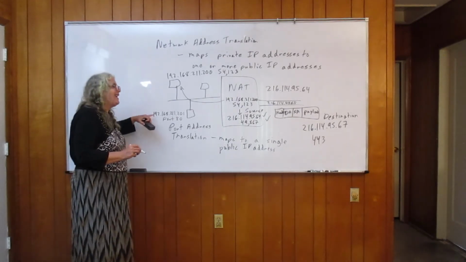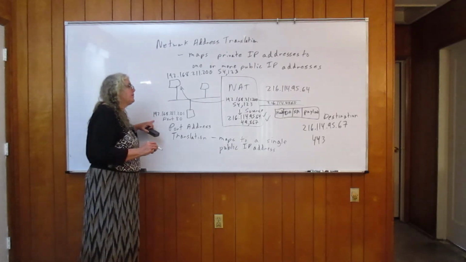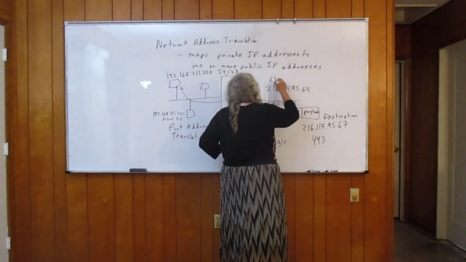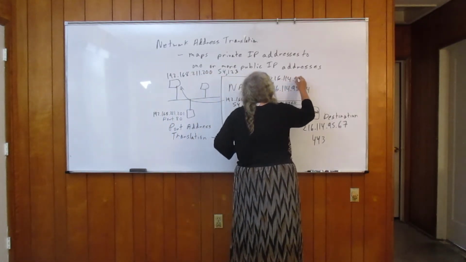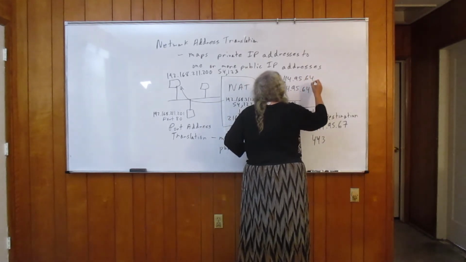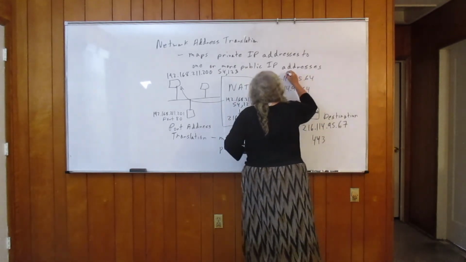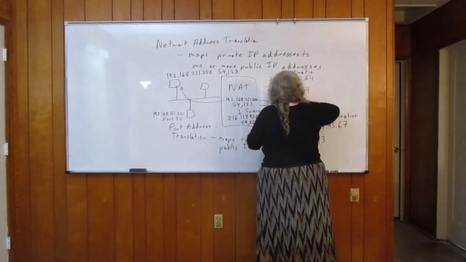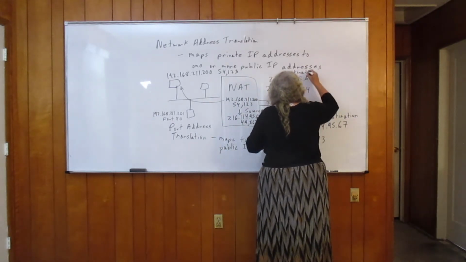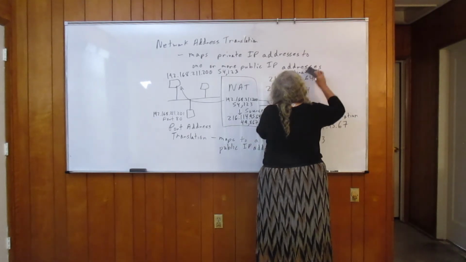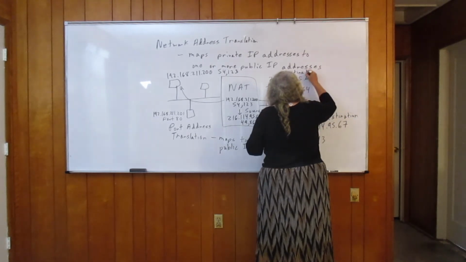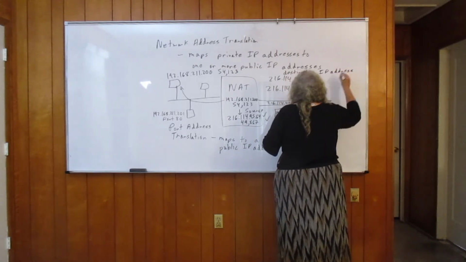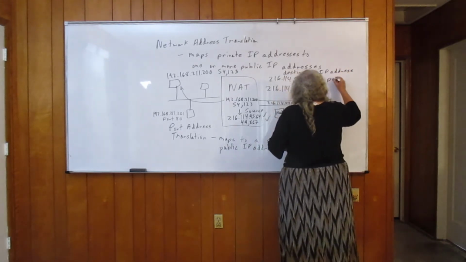Now, if someone wants to access this web server, if they connect up to the NAT with IP address 216.114.94.68, that is the destination IP address. And destination port is going to be port 80.